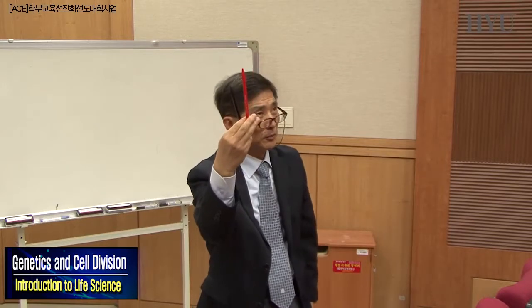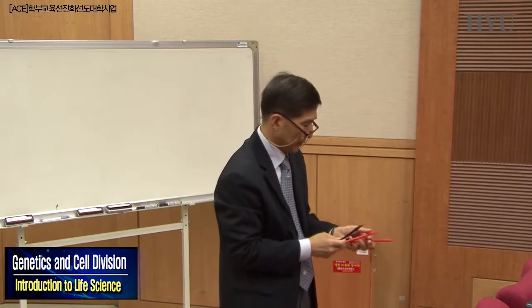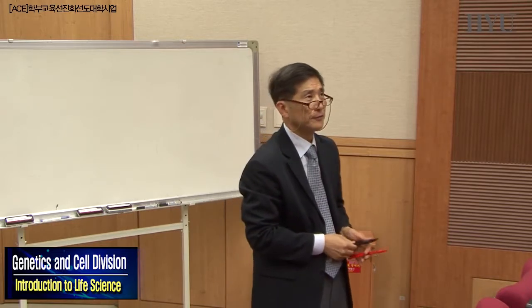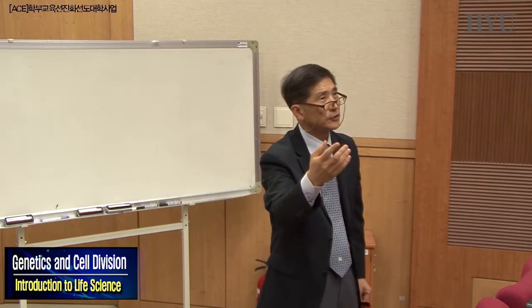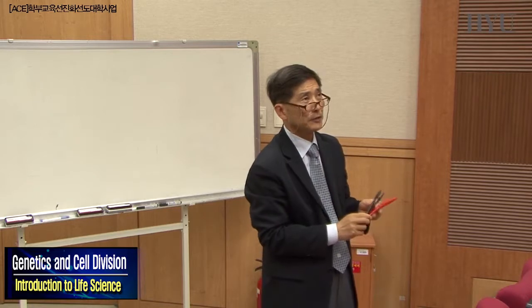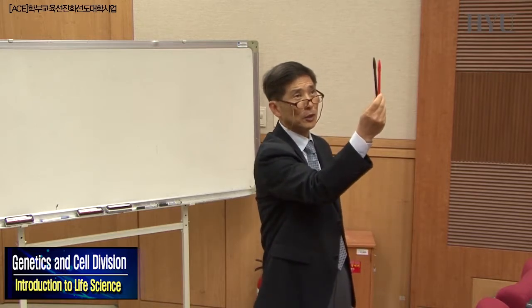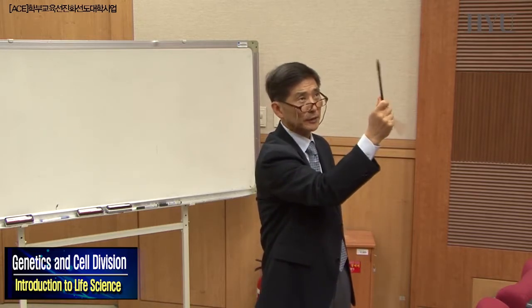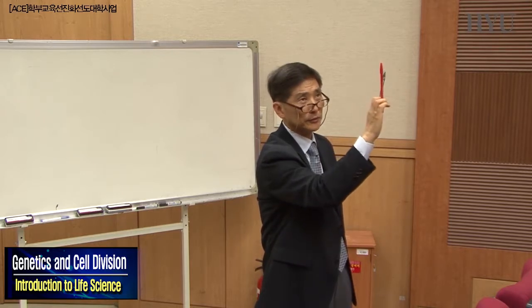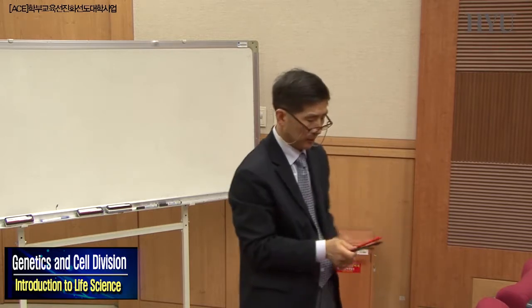So you start with diploid, end up with diploid. That's mitosis. Now, meiosis is a little bit different. The purpose of meiosis is, from 2 sets of chromosomes, you get one set, either this one or this one. That's your gamete, sperm or eggs.